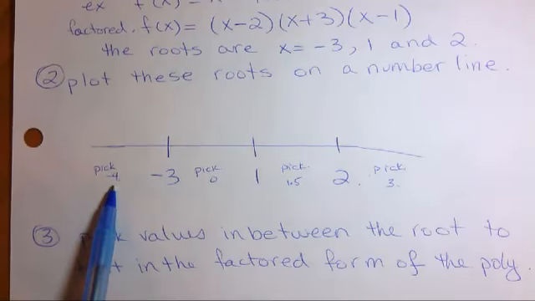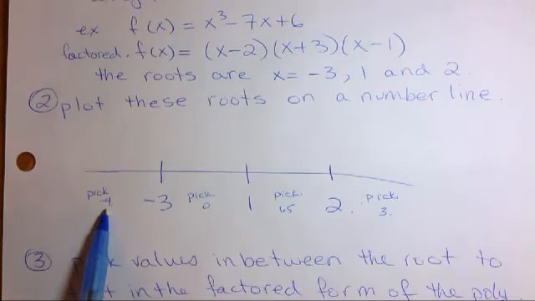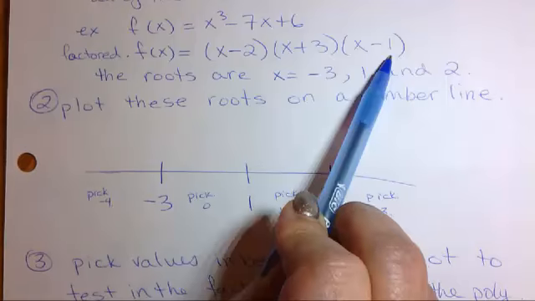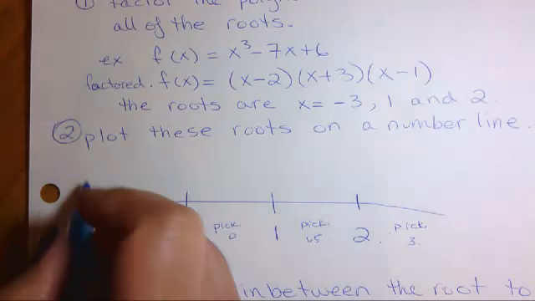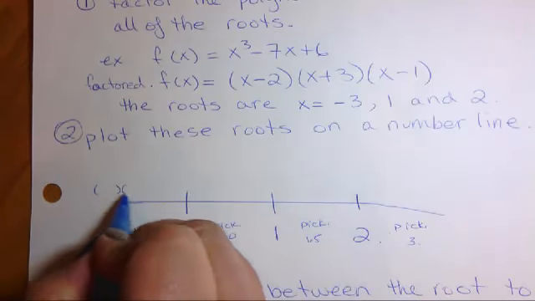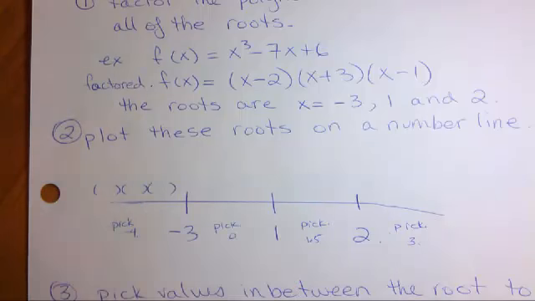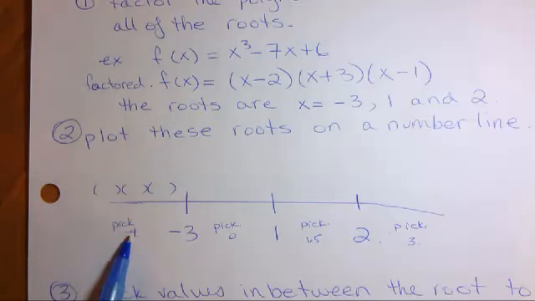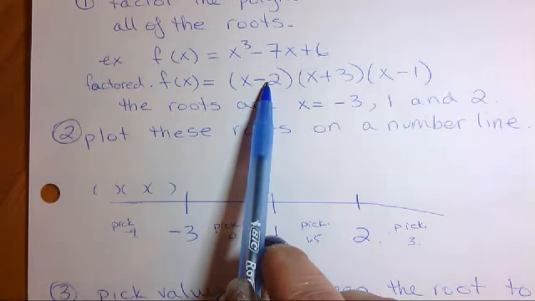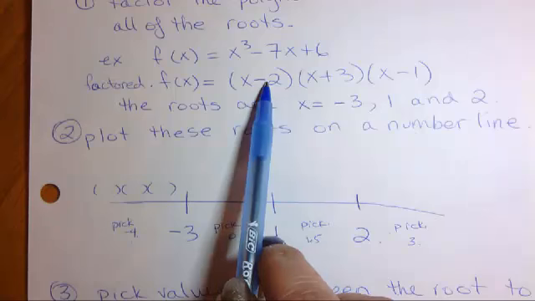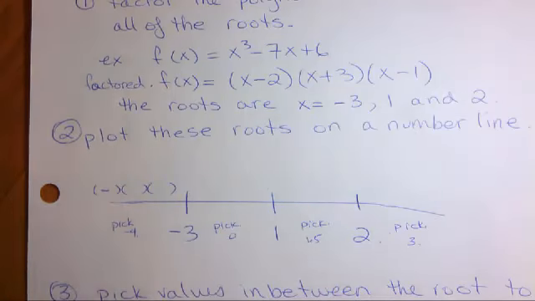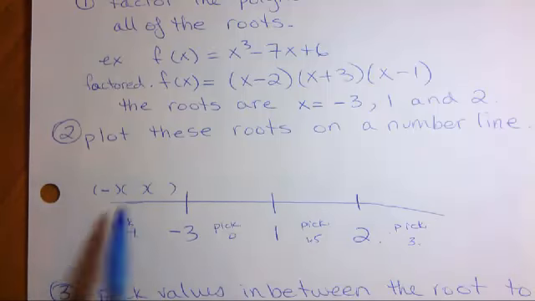Now that we have those numbers, we're going to take this -4 and put it into the factored form. All we're going to do is figure out whether each bracket ends up being positive or negative. These are my 3 brackets here. If I put -4 into this x minus 2, I end up with -6. I don't really care about the -6; all I care about is whether it's negative or positive.